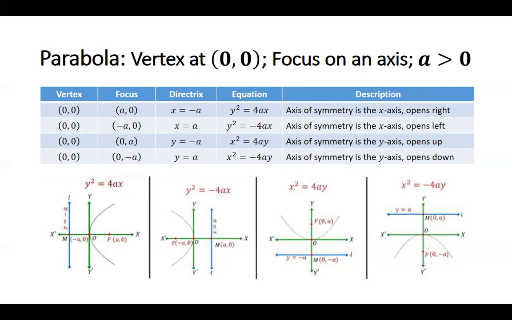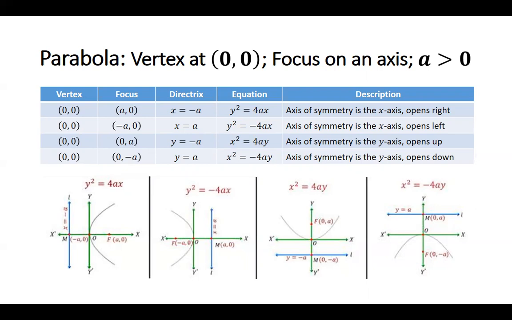And that means 4 times a must be equal to 1 to make it x squared equal to 4ay. So a must be 1/4. So in our standard x squared equal to y parabola, the distance from the vertex to the focus is 1/4.